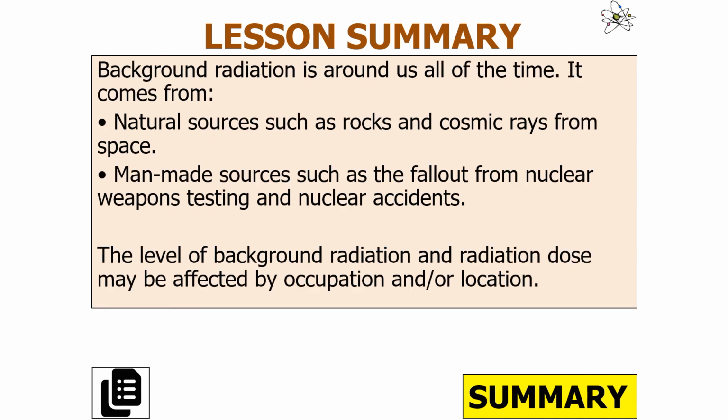Background radiation is around us all of the time, and it comes from natural sources such as rocks and cosmic rays from space, but also man-made sources such as the fallout from nuclear weapons testing and nuclear accidents. And the level of our background radiation and radiation dose may be affected by the occupation you have and the location in which you are at.